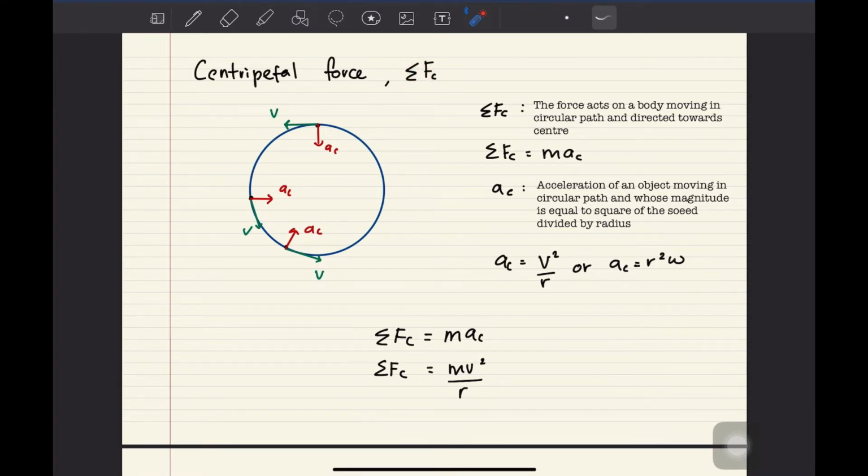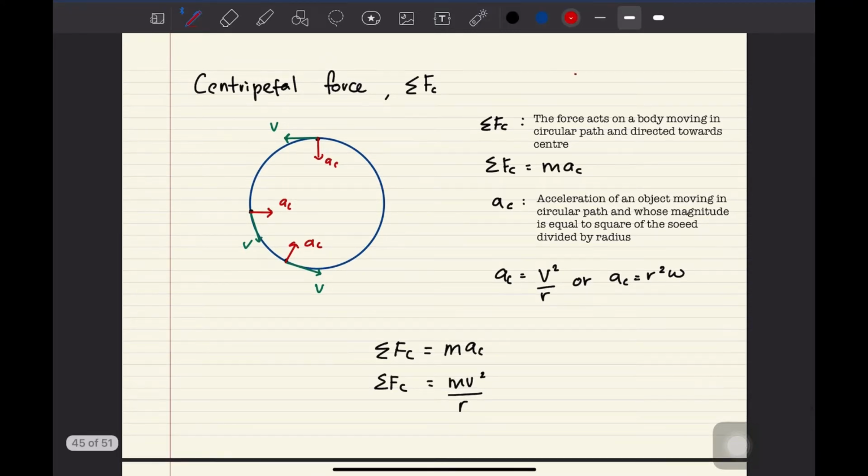If you remember, in chapter 4 we have summation of Fx and summation of Fy, the sum of force in the x component and the sum of force in the y component. Here centripetal force is the sum of force towards the center, and in this case it will replace the Fx or Fy. I will show you an example after this, maybe you can understand it better.